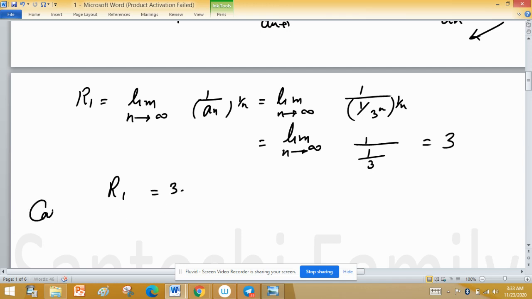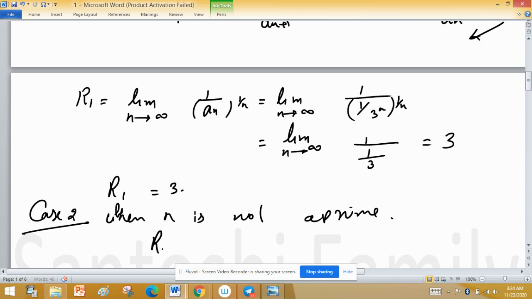Now we go to case 2, when n is not a prime. So the radius of convergence R2 equals limit n tends to infinity 1 upon a_n raised to the power 1 upon n, same formula.